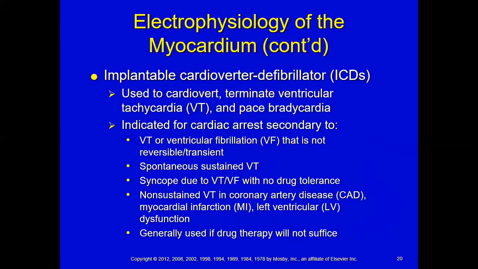Sometimes we'll have these patients who have been in SVT, they've gone into ventricular tachycardia, they've got really bad bradycardia. So what can we do for them? We may actually implant what we call an ICD, or an implantable cardioverter defibrillator. It's a little bit bigger than a pacemaker, so over in the right side of your chest, in that upper right pec, okay?